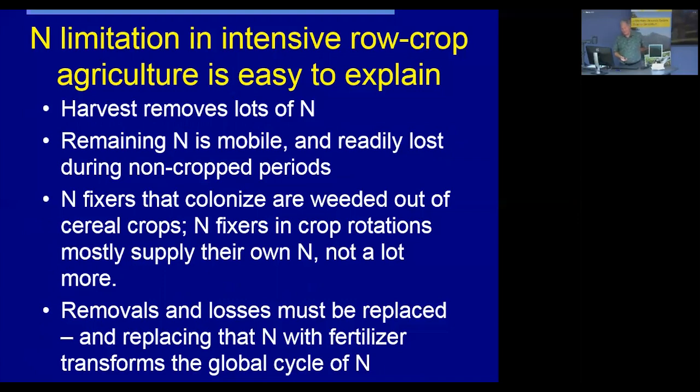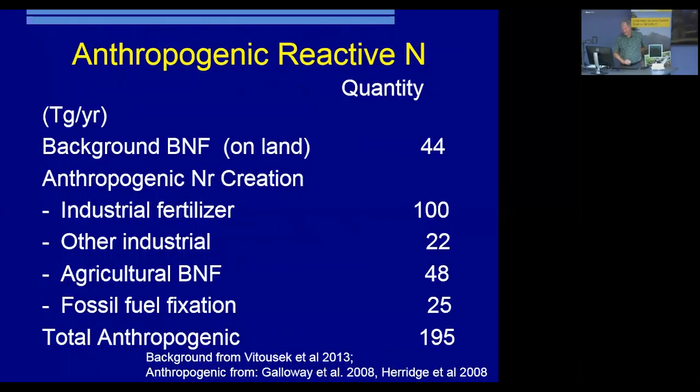And so the removals and losses of nitrogen in intensive cropping systems have to be replaced, and replacing that nitrogen with fertilizer nitrogen transforms the global cycle of nitrogen. So we've really tremendously altered the global cycle of nitrogen because nitrogen limitation in agriculture occurs for reasons that we understand fairly well. But the scale of that change is a remarkable thing.